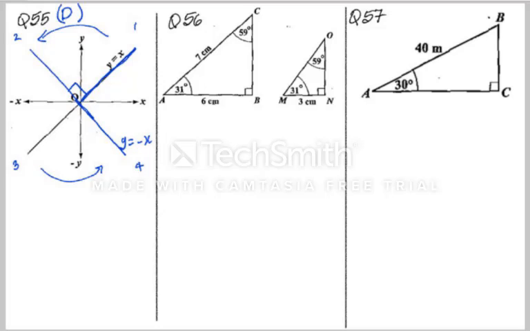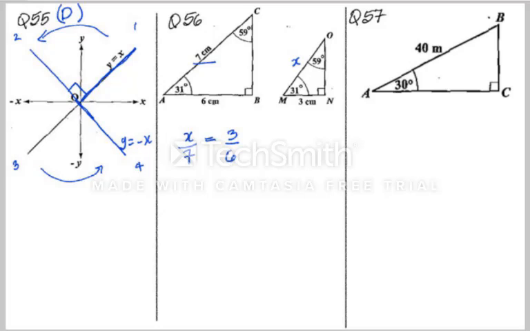Now, if two shapes are similar, the ratio of corresponding sides are equal. So if I say that this is x, x here I'm guessing corresponds with 7, x is the hypotenuse. So x over 7 would be equal to 3 over 6.